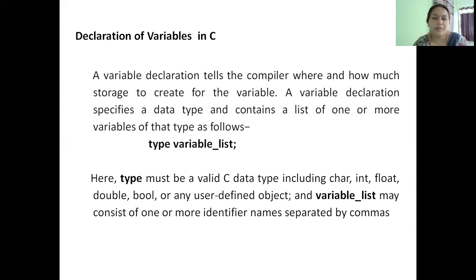The data type can be char, int, float, double, long double, bool, or any user defined data type or derived data type as well. Whereas the variable list is the names of variables or identifiers which are separated by commas, and those are chosen by the user.